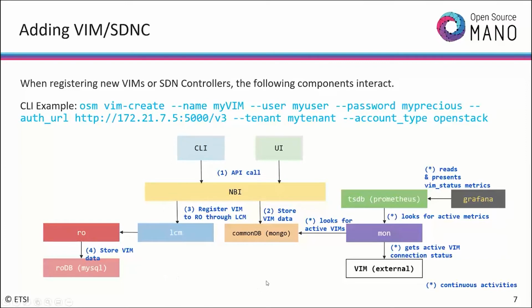In addition to that, whenever a VIM is registered, that registration happens through Kafka. So the NBI publishes a message, please, I want to register this VIM. LCM gets it and informs the RO, which then interacts with the VIM and does the initialization. This is mainly a pure initialization of the runtime environment for the RO.